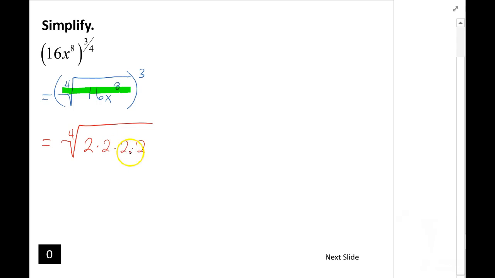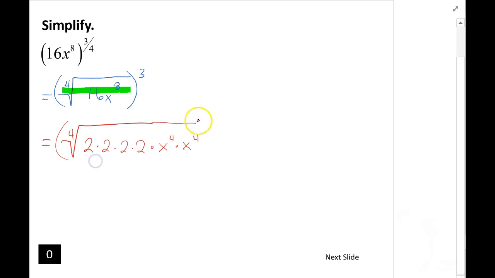So that works out perfect. I have 4 2's. But now this x to the 8th, 8 x's, well, I need groups of 4, and I know I can get 2 groups of 4 in 8, so I'll change that by making it x to the 4th and x to the 4th. And each one of those x to the 4th is 4 x's, and so those will each be a group of 4.